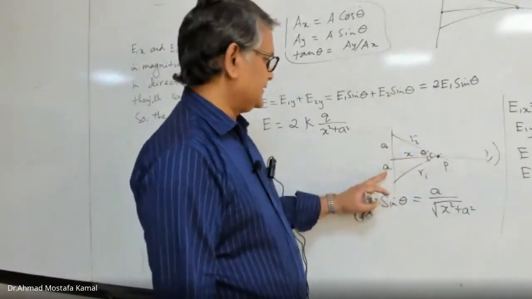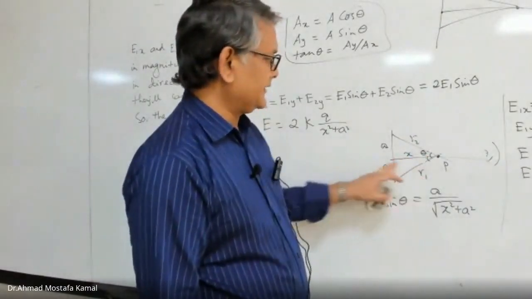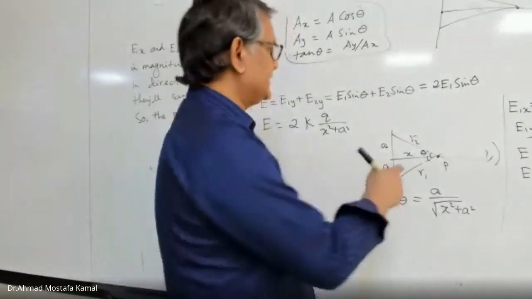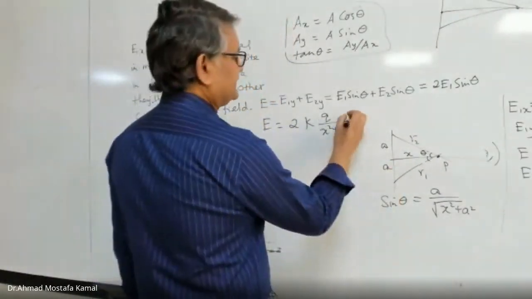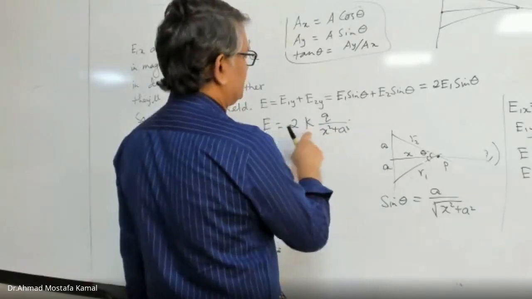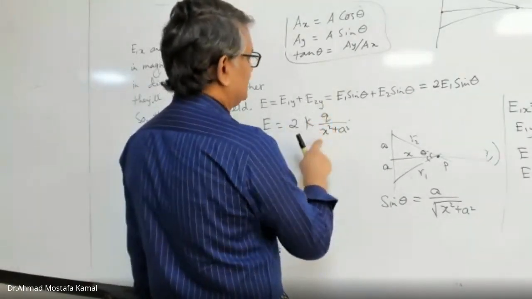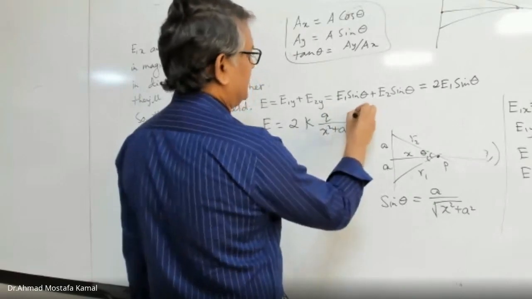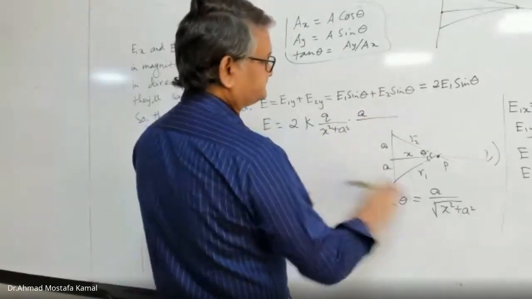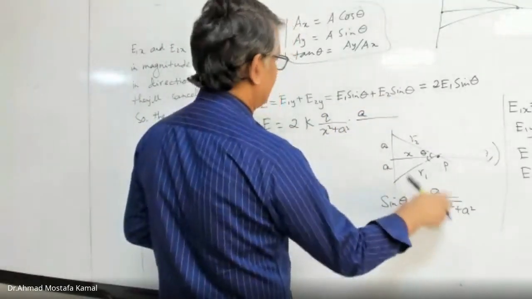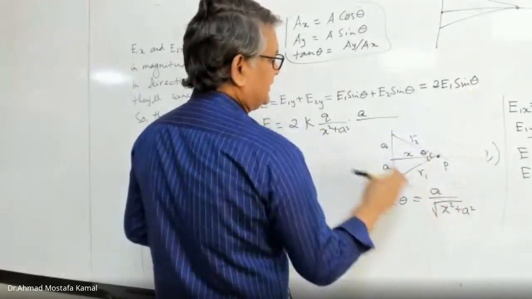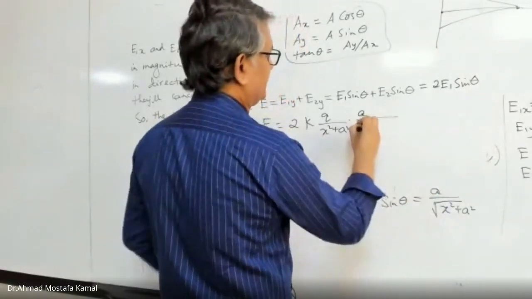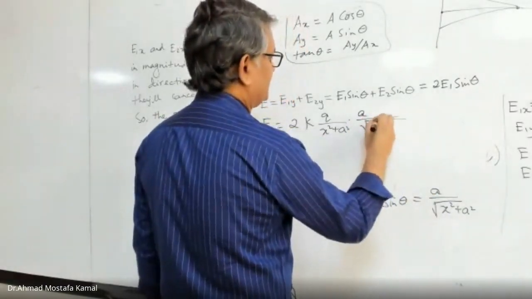Similarly, in this case, opposite by hypotenuse, a by R1, all the same, sin theta is same. This is sin theta. So put this value, sin theta equal to a divided by √(x² plus a²). So E equal to 2kqx divided by (x² plus a²) into a divided by √(x² plus a²).